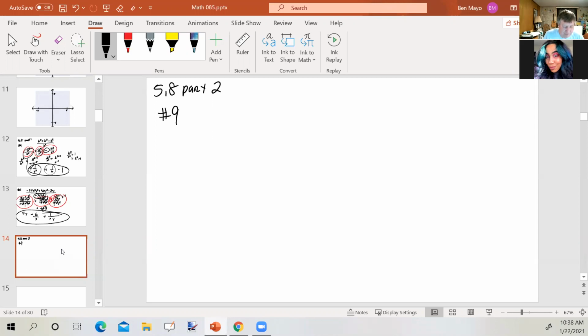Perform the division. We have -56 f to the 4th power plus 28 over 7 f to the 3rd power.